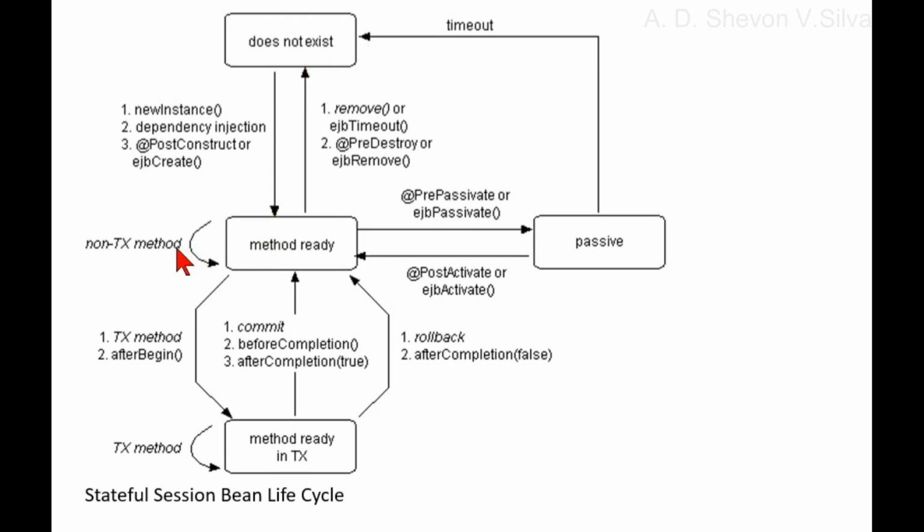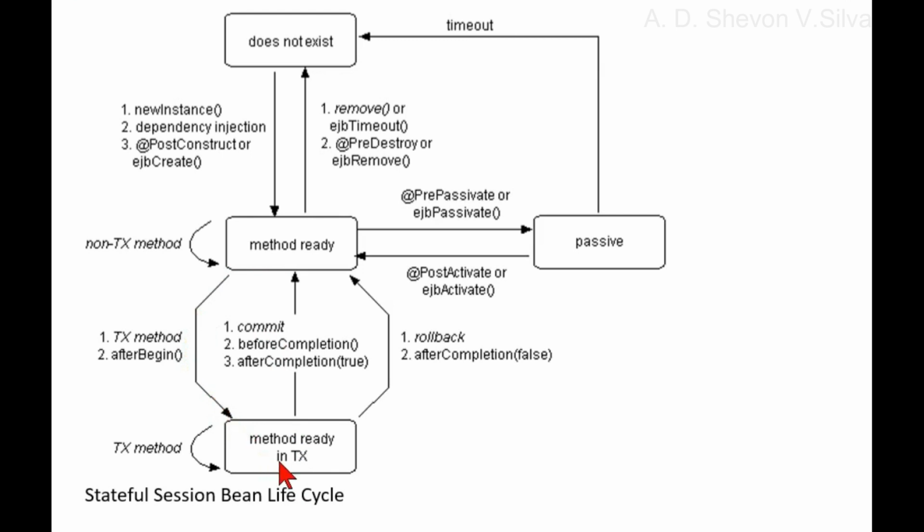Non-transaction method is connected from method ready to method ready. Method ready interacts with method ready in transaction. Transaction method, then after begin method pass from method ready to method ready in transaction.